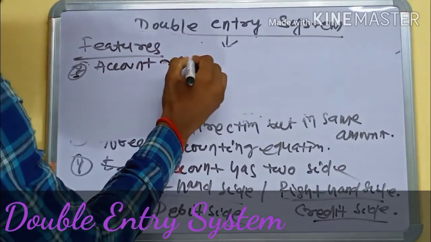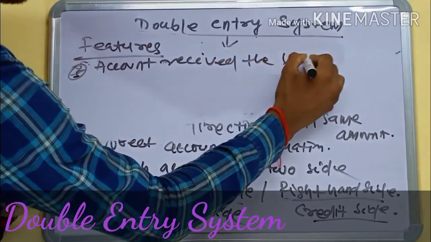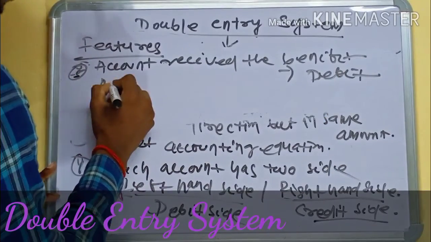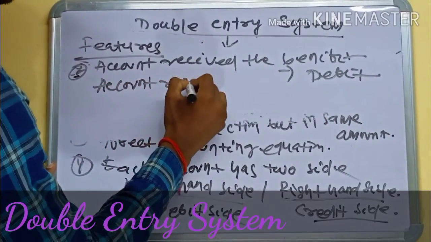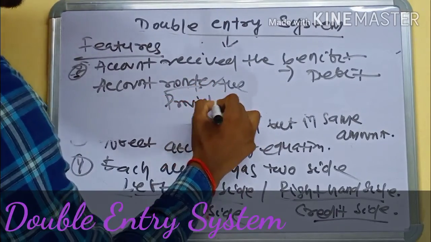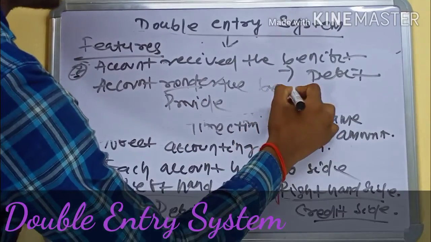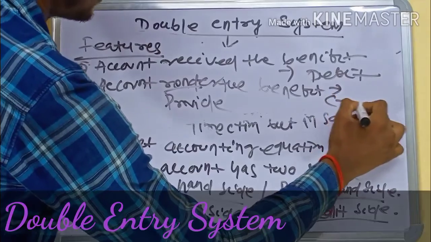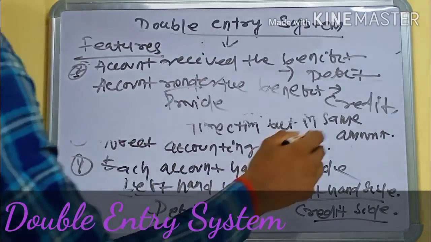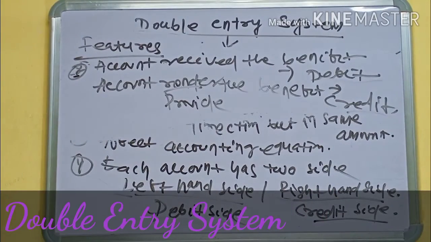The account that renders or provides the benefit is credit. The account which receives the benefit is recorded on the debit side, and the account which provides the benefit is recorded on the credit side.